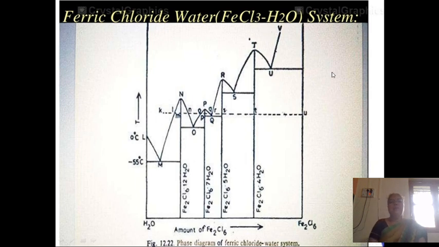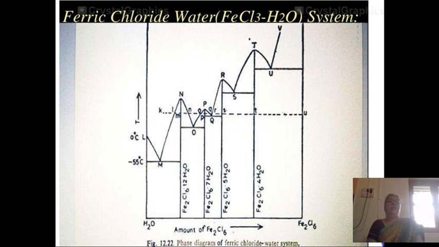Okay, and then the ferric chloride water system. This is also an example of formation of a congruent melting point. Here in this diagram we have 100% H2O, and here we have 100% ferric chloride, and here the formula of ferric chloride, instead of writing FeCl3, they have written Fe2Cl6 to avoid fractional numbers of water molecules in the tetrahydrate and pentahydrate of ferric chloride.